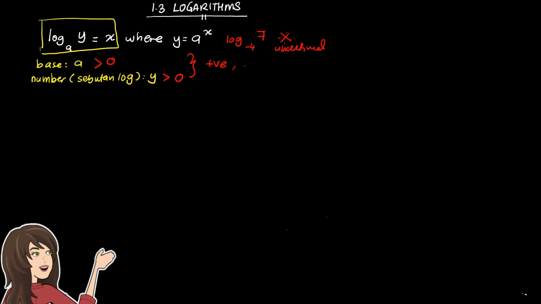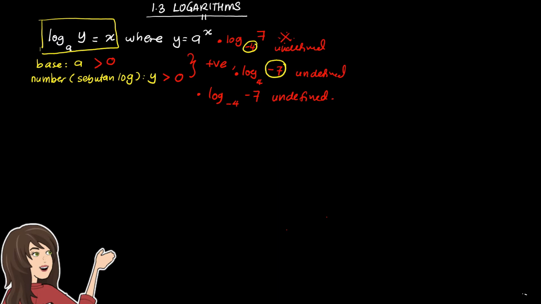How about log -7, 4? It is also undefined. Why? Because here we have the sebutan log as negative. Here we have the base as negative, or you have both in negative form. So this log is undefined.